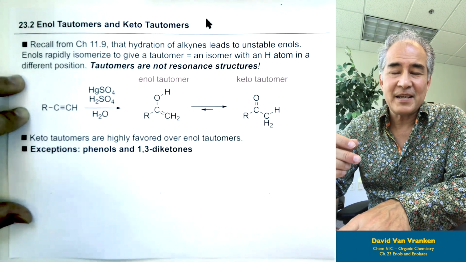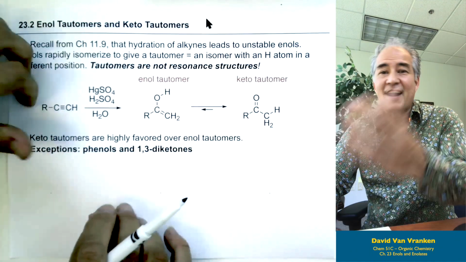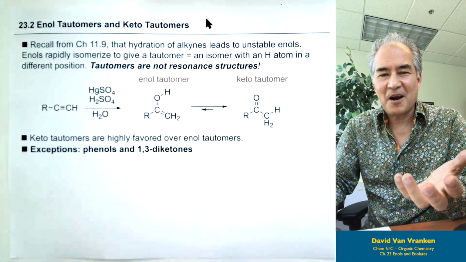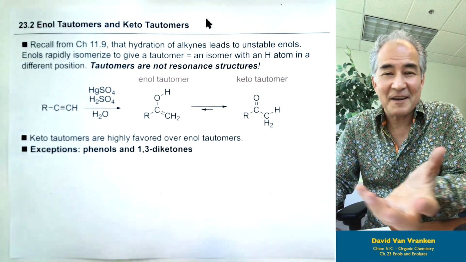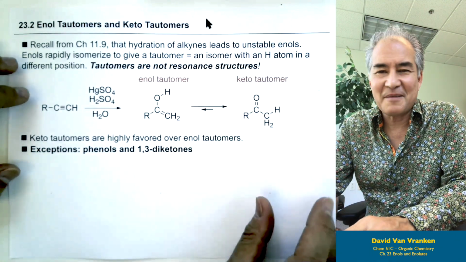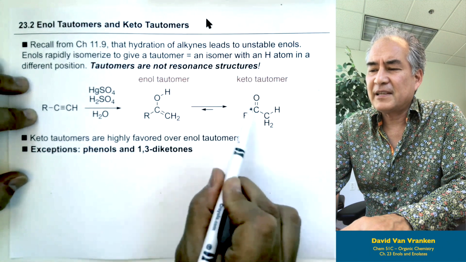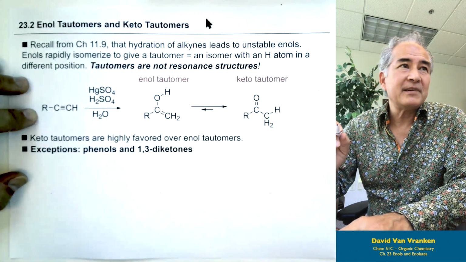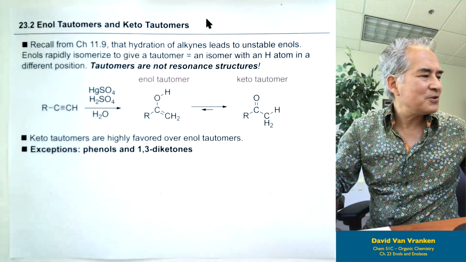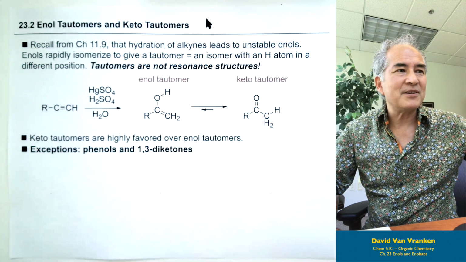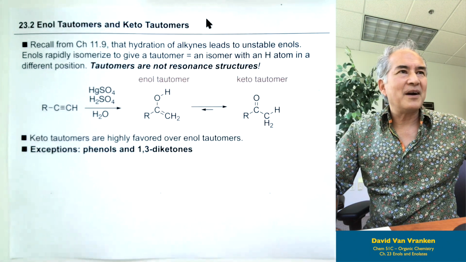CO double bonds, carbonyls, are more stable. That's like carbon dioxide. When you burn things, they generate carbon dioxide. That's the thermodynamic sink for burning stuff. So very heavily favored, the keto tautomer. But there's a couple of exceptions. Let me see if I can give you two rare exceptions where keto tautomers are not favored.